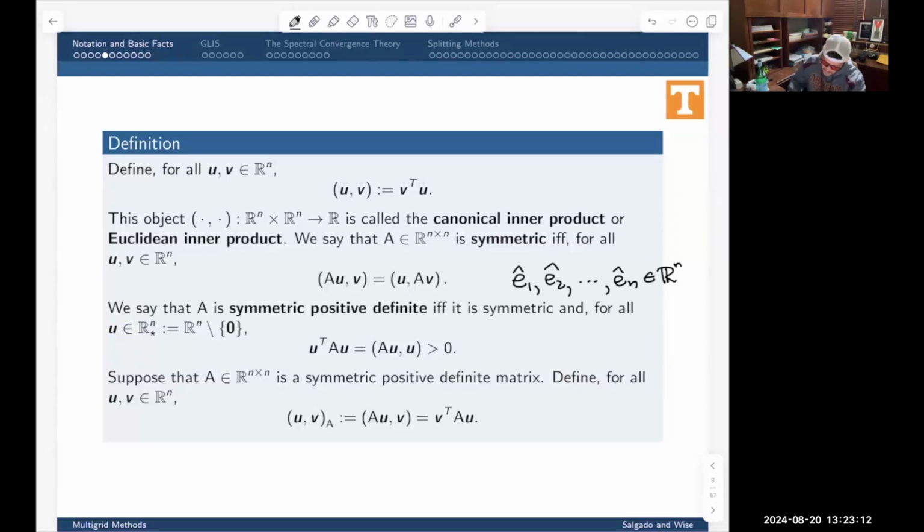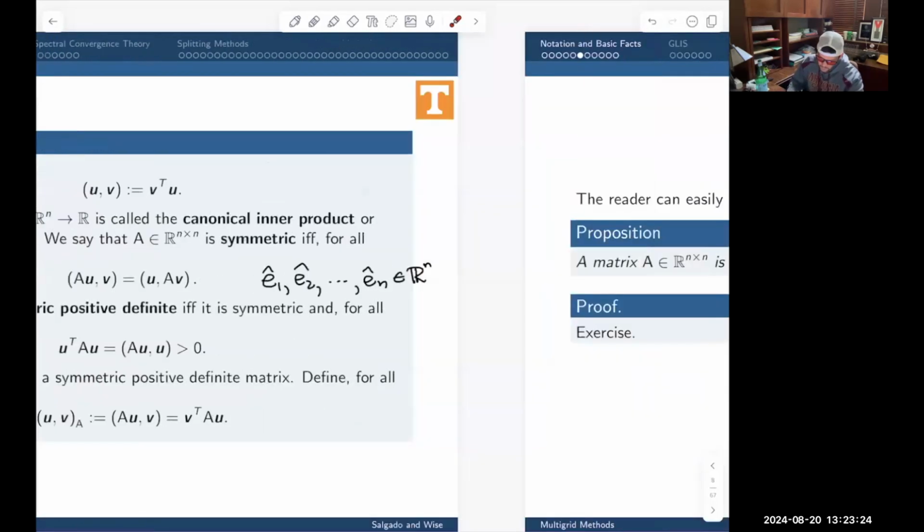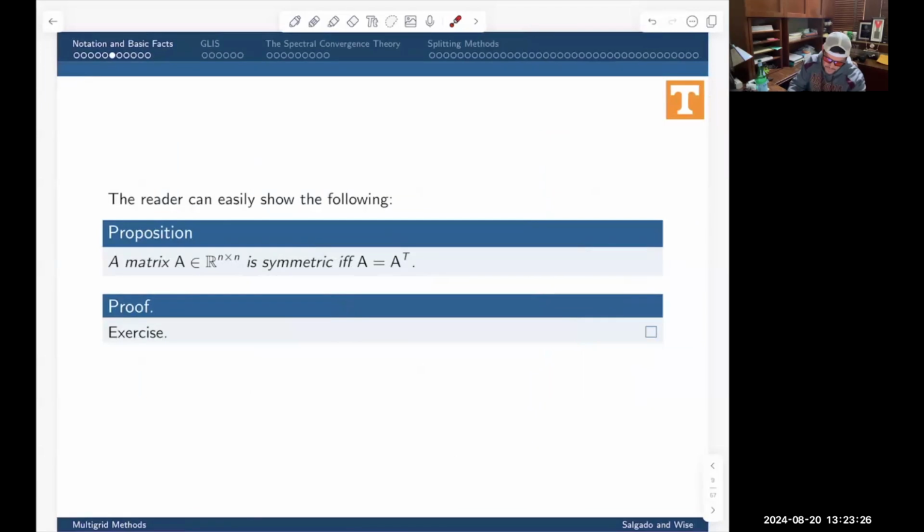So let's try taking this fact and putting in Ej, Ei for U and V and seeing if that'll prove it. Basically all we have to prove to show this fact is that Aij equals Aji, right? That should do it, and that should be exactly what you get from using that definition. Again, elementary stuff you've probably seen before.